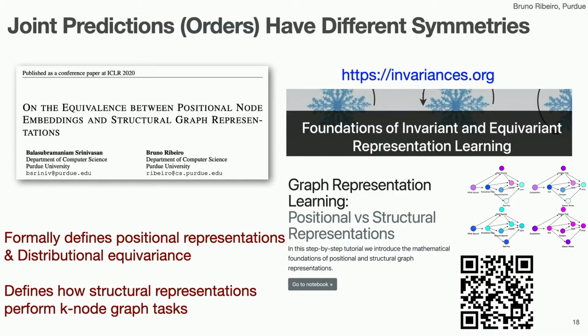And I think it's quite instructive to understand what I'm going to talk about. So it formally defines positional representations and the notion of distributional equivariance. So it's equivariant in distribution. It's not equivariant, it's in distribution. And it defines how structural representations perform k-node tasks, so tasks on multiple nodes: 1, 2, 3.